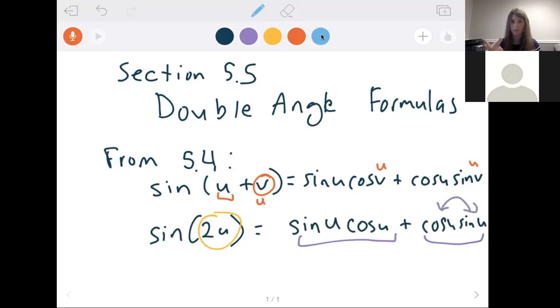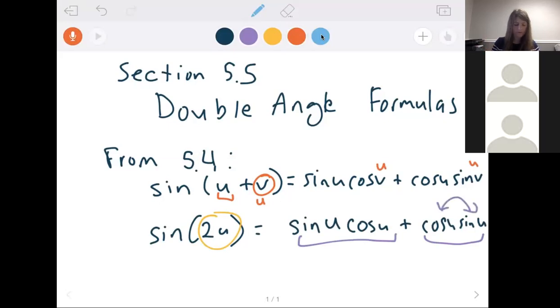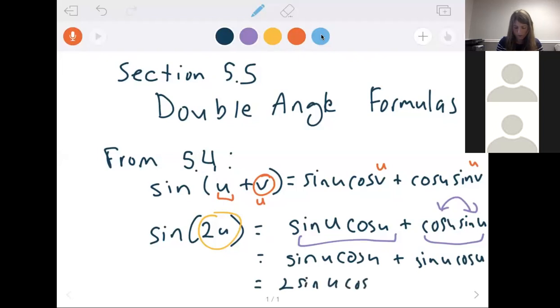So we could just flip those around and that would be fine. So if we flip that around, what we really have is sine u cosine u plus sine u cosine u again. So at this point, we have two identical things that match up. We have two like terms. So we really have 2 sine u cosine u.